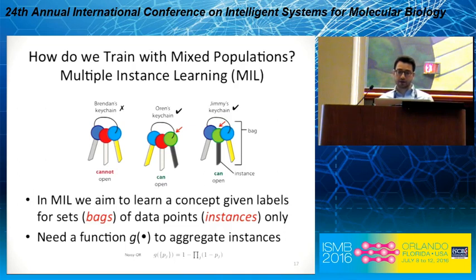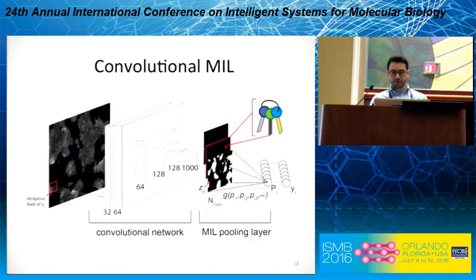And then mathematically, typically you have a probability value associated with each instance, and you have an aggregation function g, which aggregates across those probabilities to give a probability for the whole bag. Noisy OR is the classic function used, so that one satisfies that assumption, whereas as soon as one instance is active, then the whole label gets that label. So this is our model. We combine fully convolutional neural networks with multiple instance learning, and we do that by treating each class-specific feature map as a bag, and each element in a class-specific feature map as an instance.